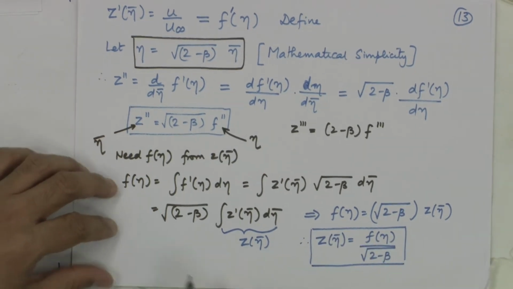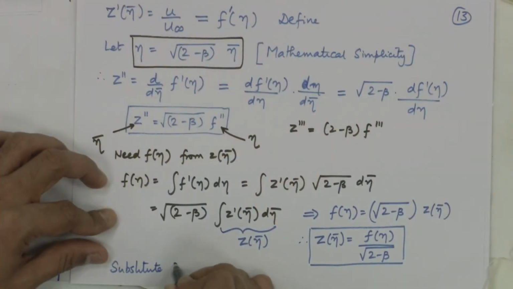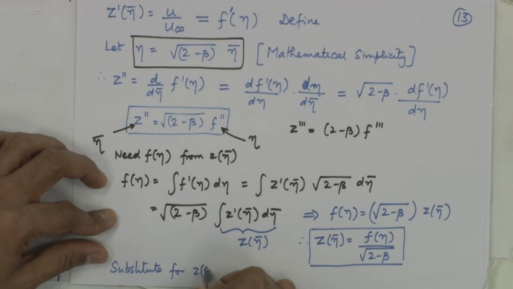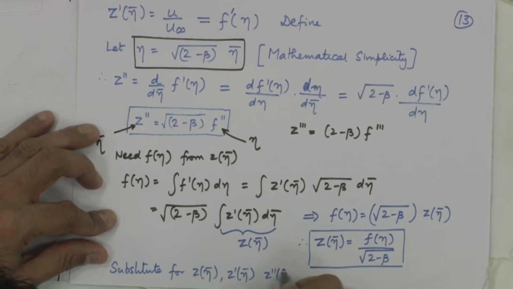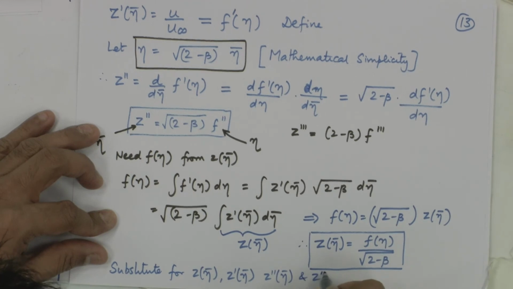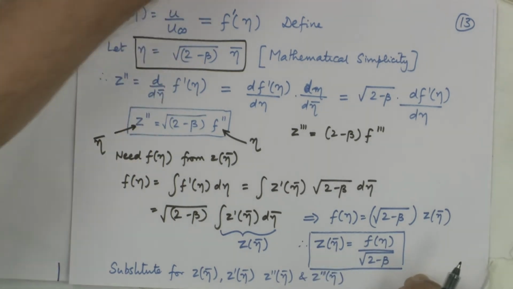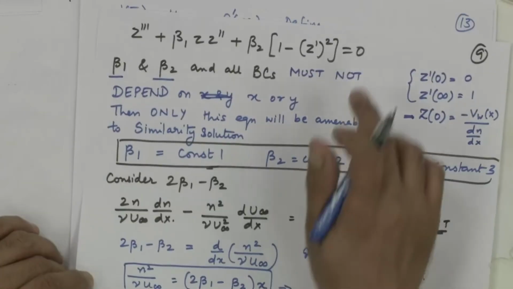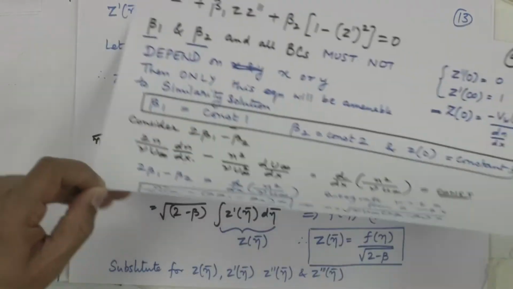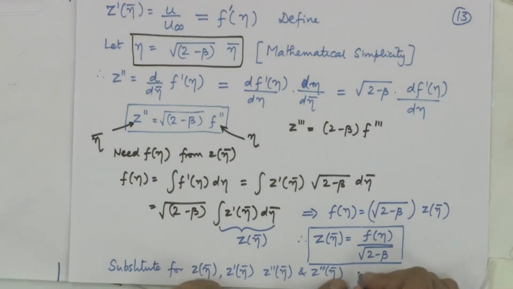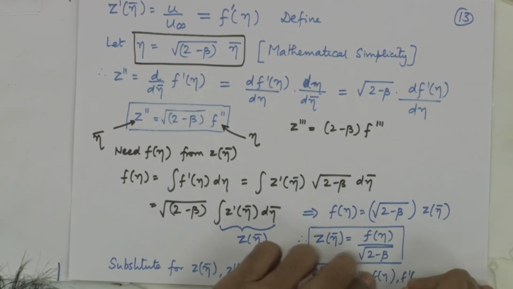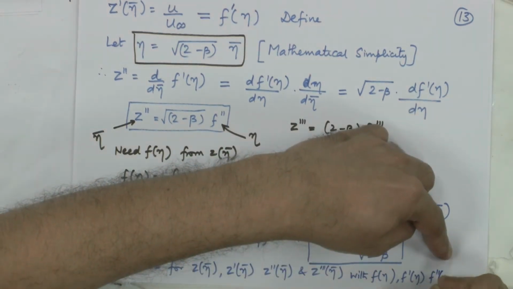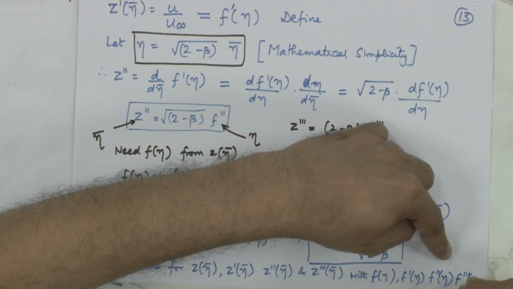So, substitute for z of eta bar, z prime of eta bar, z double prime of eta bar and z triple prime of eta bar, wherever you have those, replace them with f of eta, f prime of eta, f double prime of eta, f triple prime of eta.